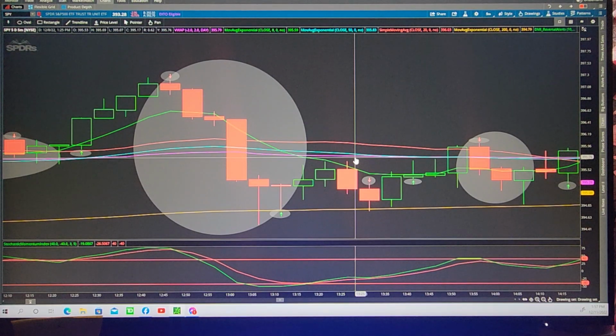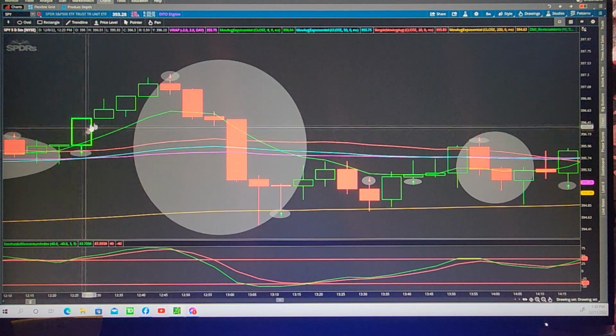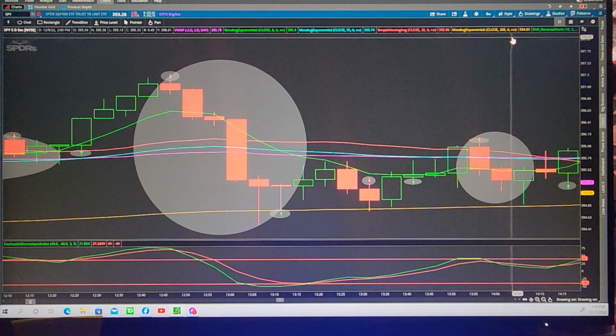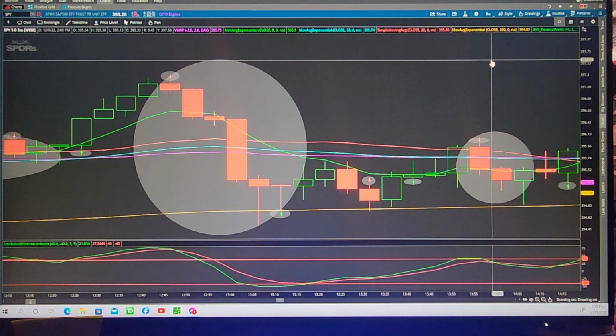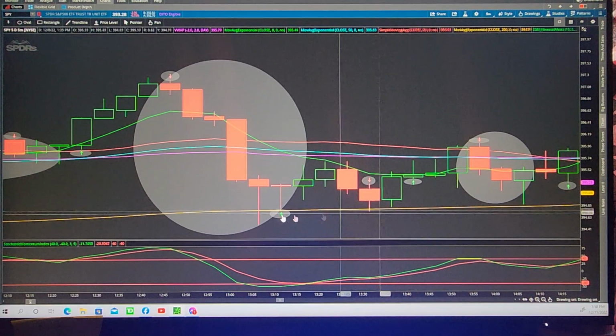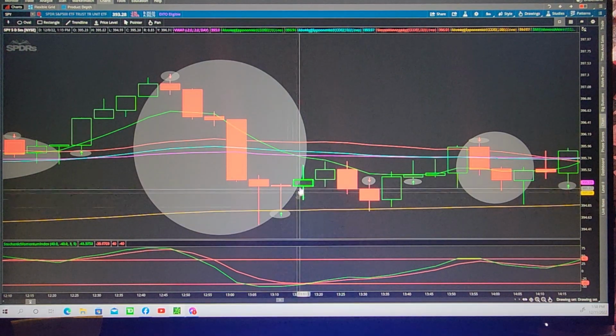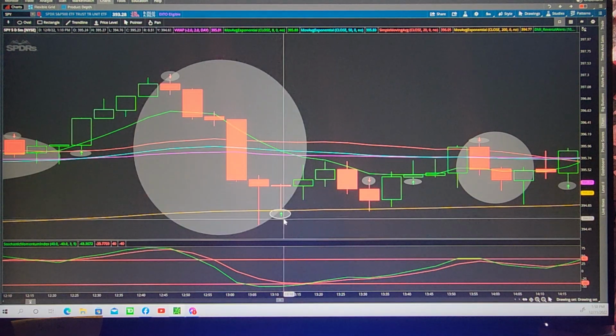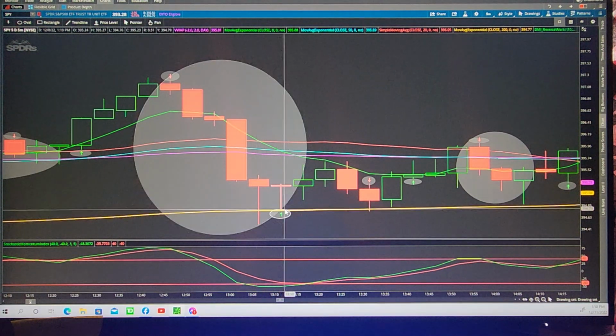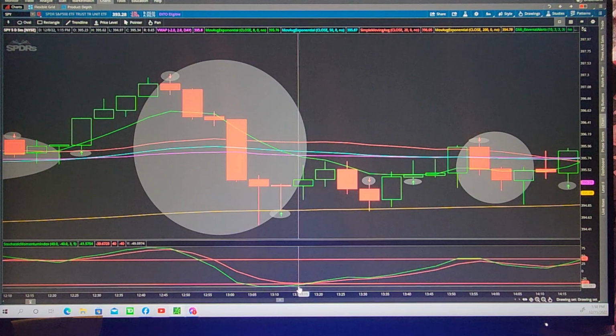It's very simple, and you'll know what to do. If you've been riding the 8 all day, you can buy a bounce off of the 8. That's just more confirmation, or this 200 down here. I might have bought this had I seen it happen, based off of the bounce off the 200, because we had a crossover too.